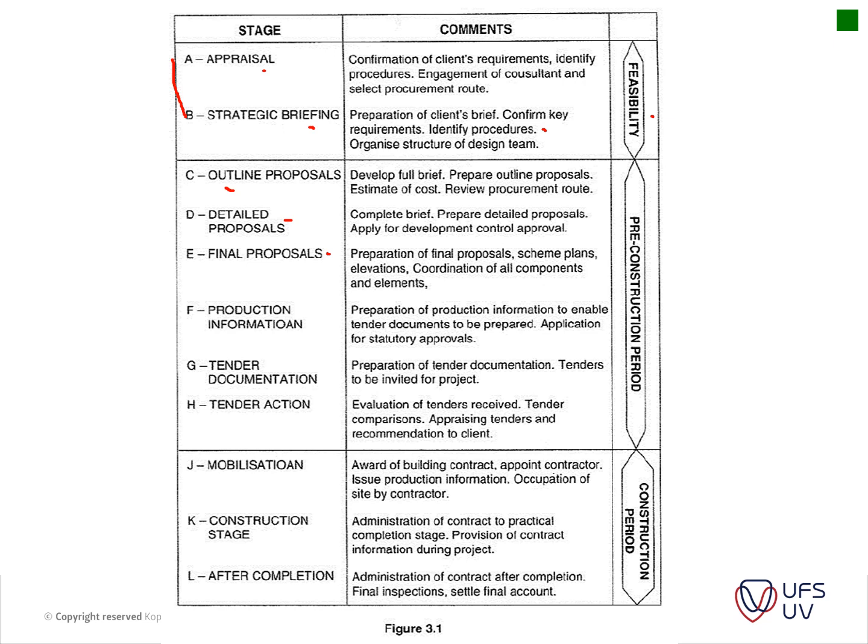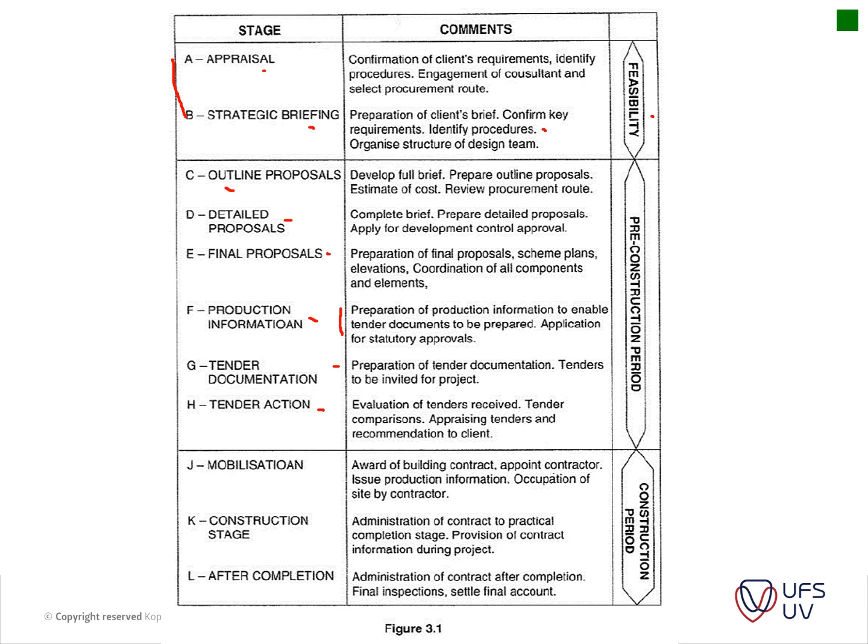And then you've got your production of information where you actually start doing your design and getting cost ready, getting your schedules done, etc. Then you prepare your tender documentation based on the design that has been done, and then you go out on tender.